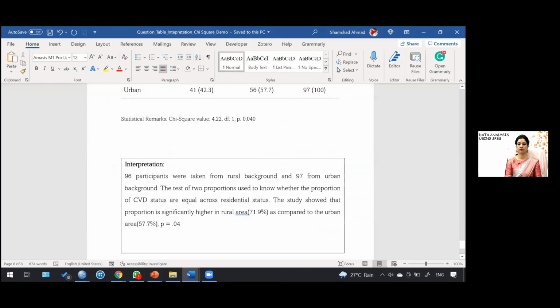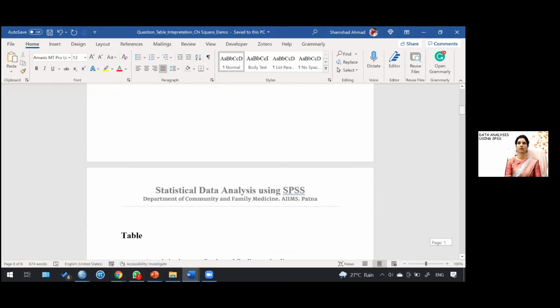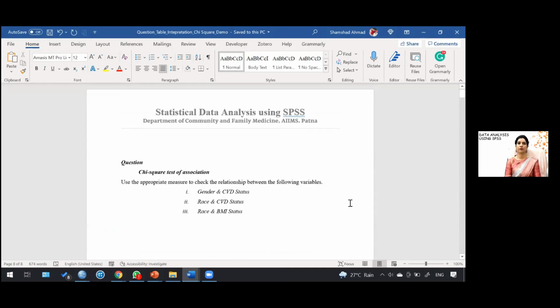If you go to the questions, for the chi-square test of association we have to perform 3 questions, and I have to show you the commands for all 3. The first is gender and cardiovascular disease. Gender has 2 categories, male and female, and cardiovascular disease status has 2 categories, present and absent, so it will be a 2 by 2 table.